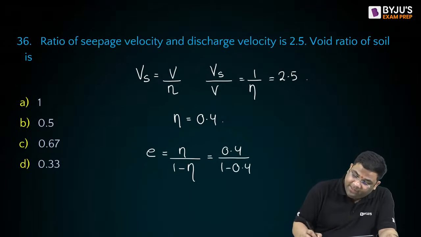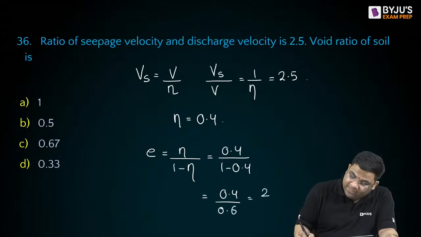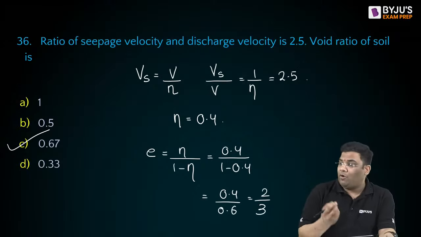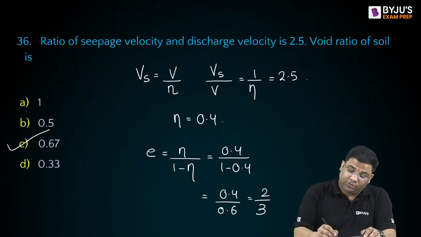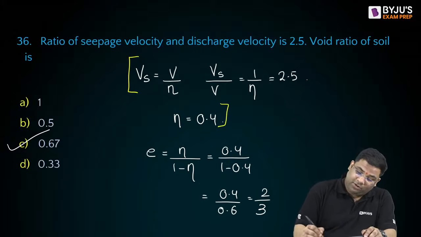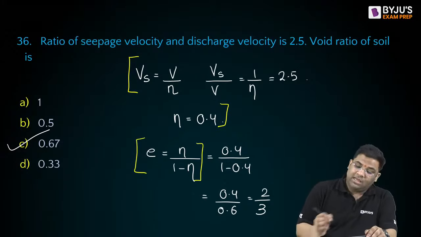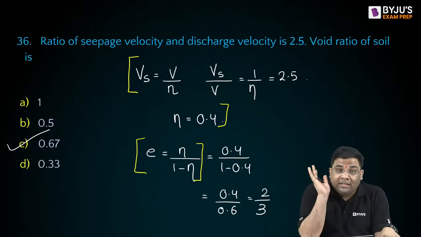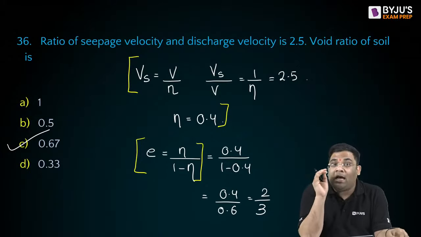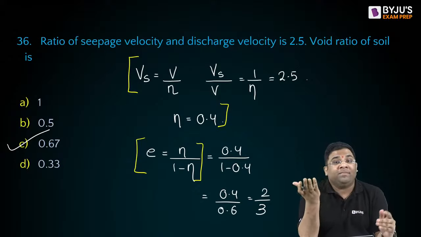I just twisted a bit and you're unable to answer. 0.4 by 0.6 is 2 by 3, answer is 0.67. Forgot the formula or what was the problem? Very straightforward questions. Remember this simple formula, okay? In this session, I am making you practice all the basic concepts and basic formulas in a straightforward manner, in a twisted manner, everywhere.